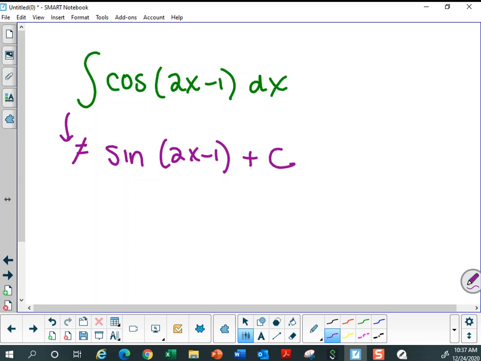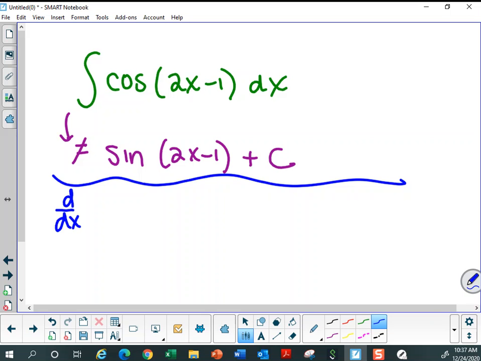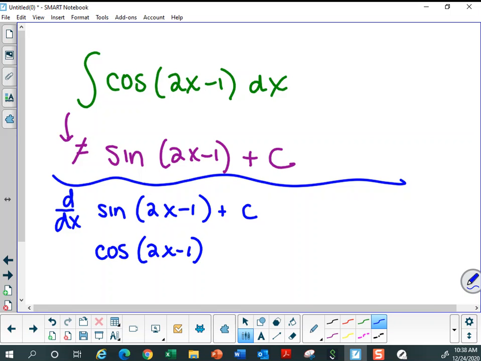The antiderivative of this expression is not this expression. And you say, well, how do you know that? Well, because if I take the derivative of the sine of 2x minus 1 plus a constant, I get the cosine of 2x minus 1 times another 2. Not equal to that.